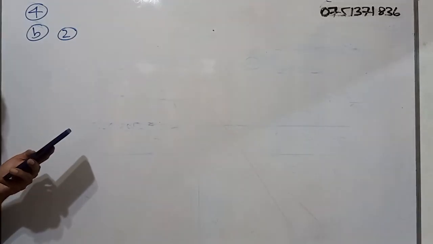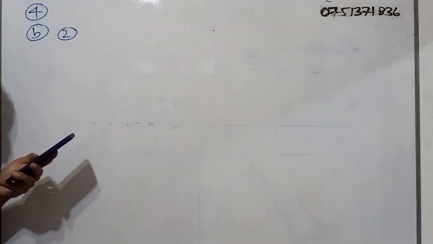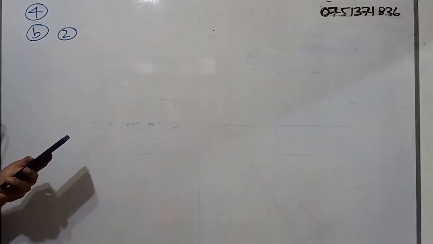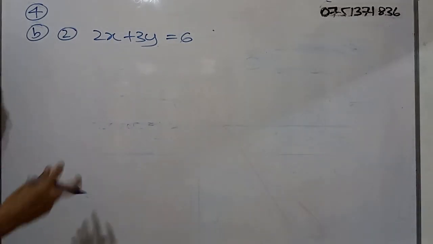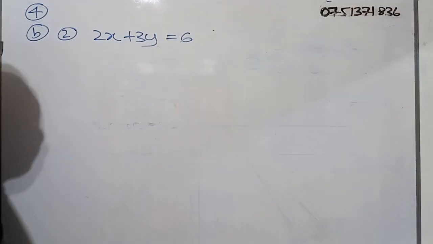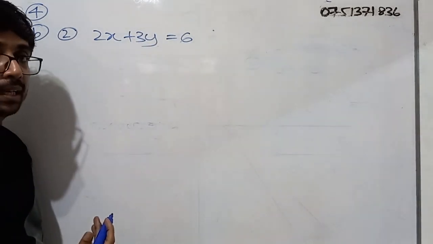Part 2. Write the coordinates of the 2 points at which the straight line 2x plus 3y equals 6 intersects the x-axis and the y-axis. So in the second part of B, they are asking us what? We have been given the equation of the line. So we need to find what?